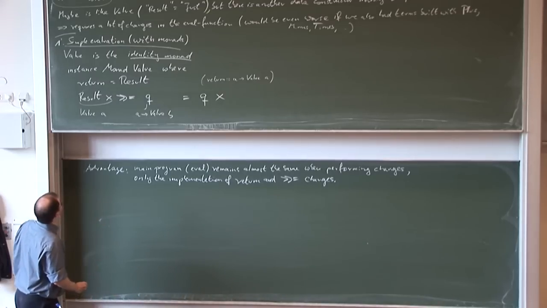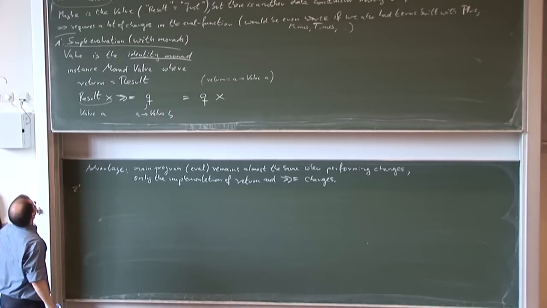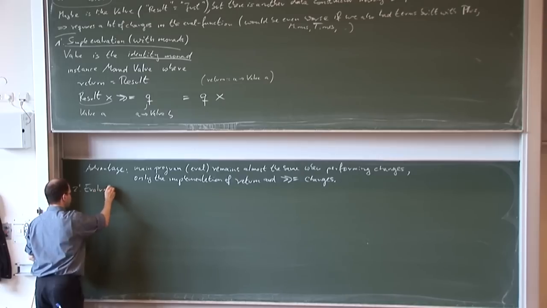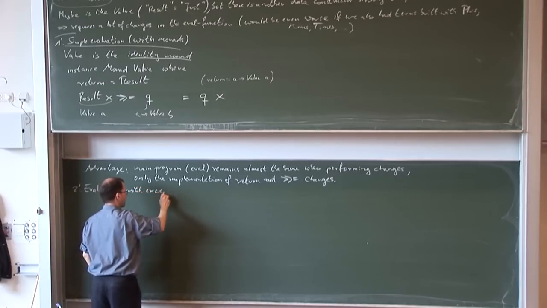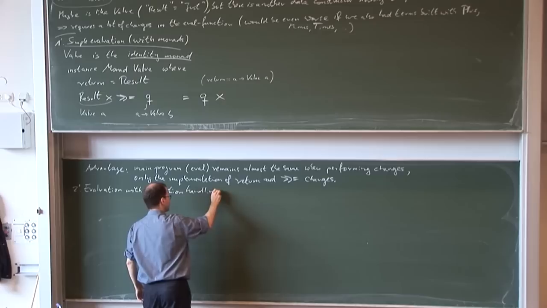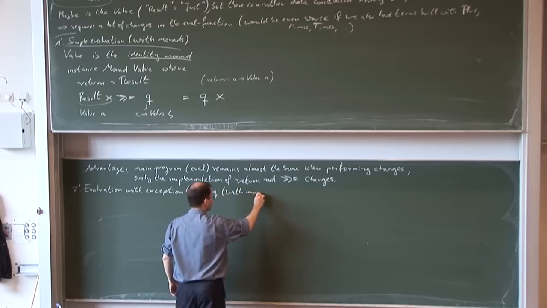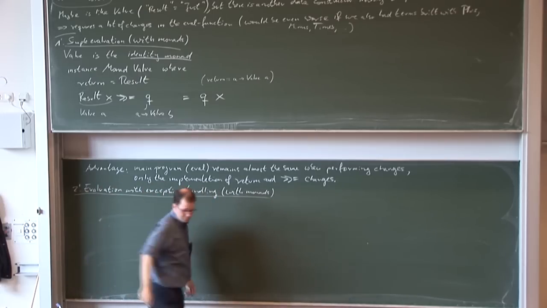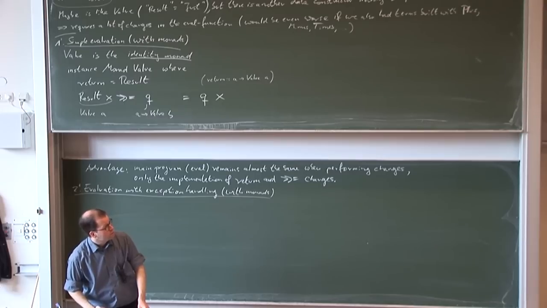So let's see how this would work. So now we do eval 2 prime. We do evaluation with exception handling, but now with monads. Okay, so how did we do it before?